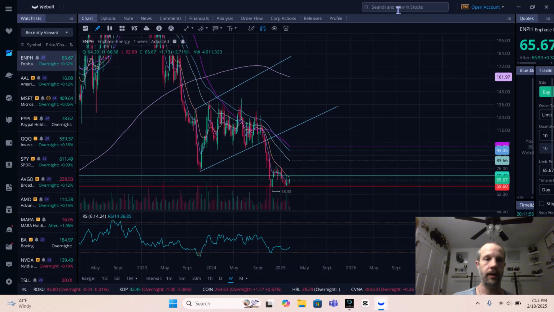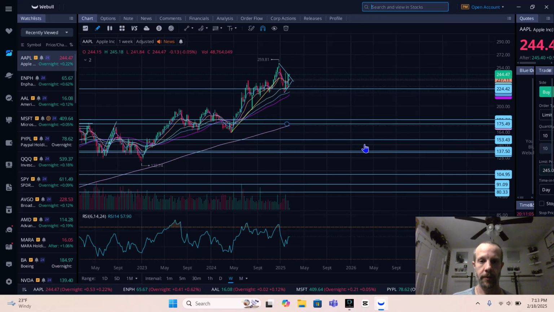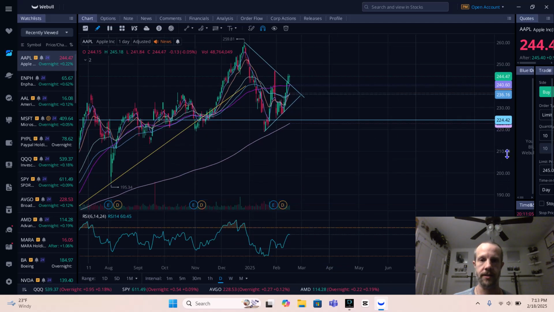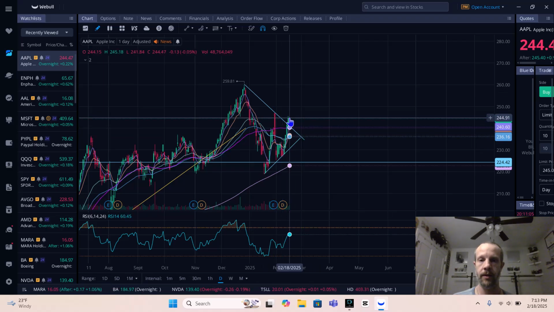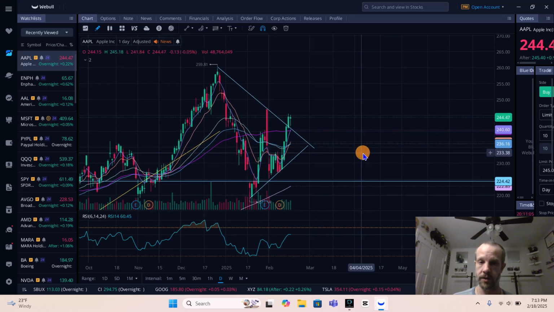All right, let's look at Apple. So Apple is looking quite nice on the daily chart here. Got a nice looking bullish triangle that has formed. It broke out, and we've got an inside day forming, which we just talked about.